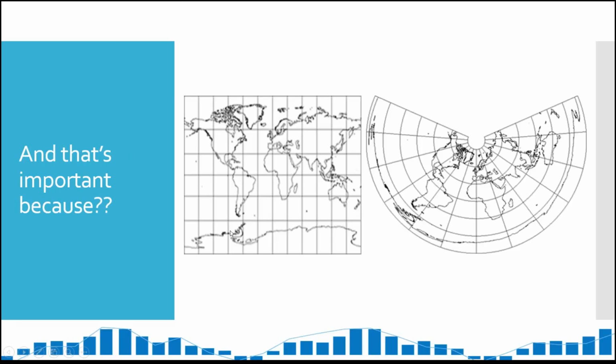And people are like, what's the difference and why does that matter? Here's a typical example I use when I explain the differences. On the left is the flat map, and on the right is the round Earth map. Say, for example, a flight travels from the West Coast over to Europe. On a flat map it looks like this.